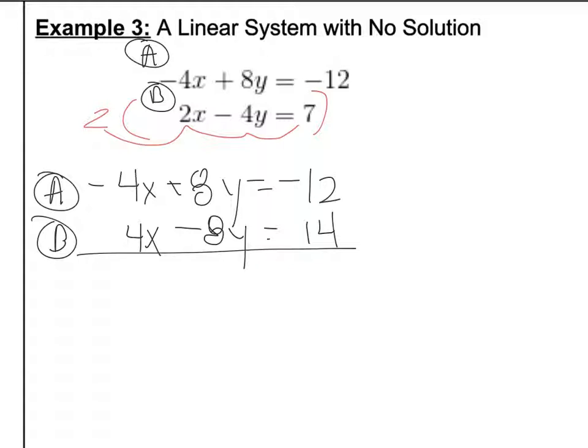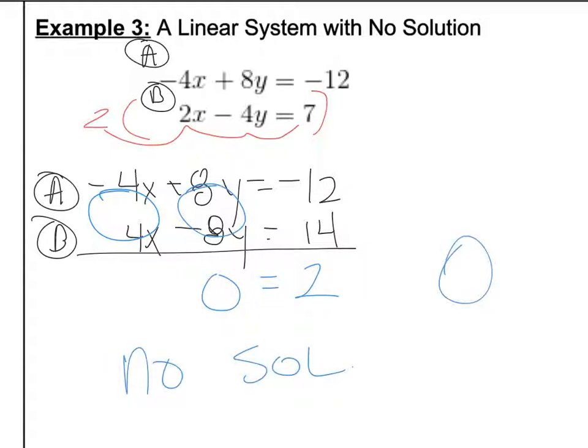So you've got a positive 4x and a negative 4x. Those cancel out. But we've got a problem here. Take a look. Positive 8, negative 8. These are going to cancel out as well. So I've got nothing on the left-hand side, and I've got a positive 2 over here. If this is how your answer works out, then this is called no solution.